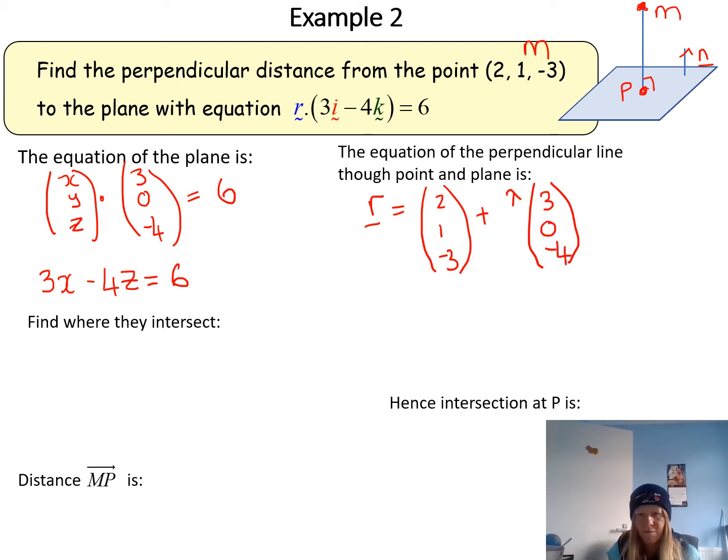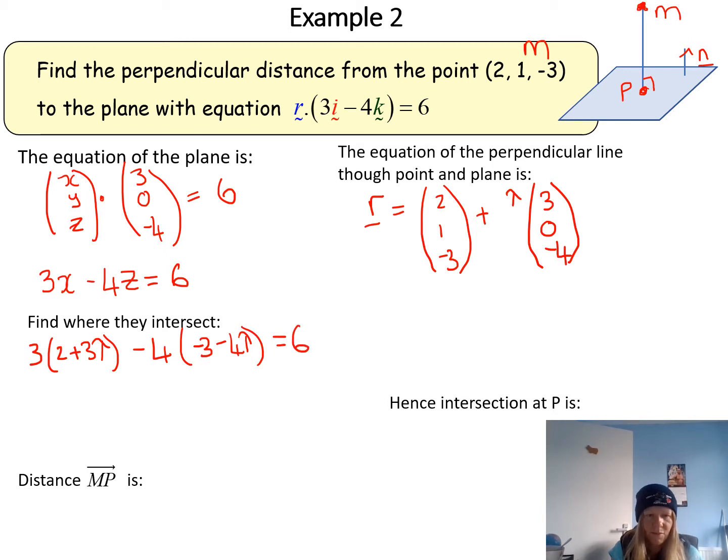Our next step is to find this point P here, where the line meets the plane. So we'll sub the line into the plane to find that out. So we've got 3 lots of 2 plus 3 lambda minus 4 lots of z, which is minus 3 minus 4 lambdas, and that all equals 6.